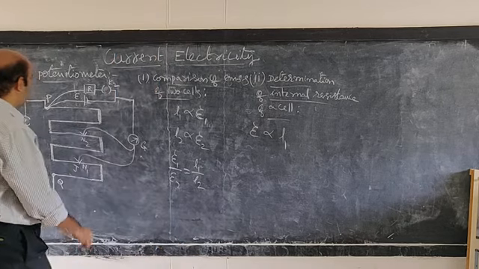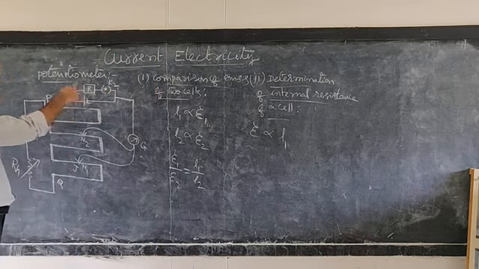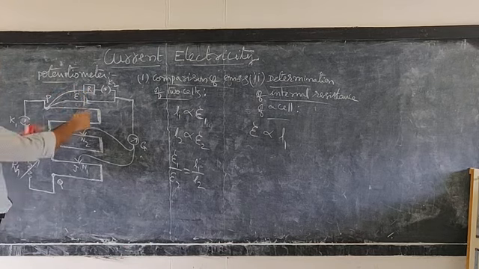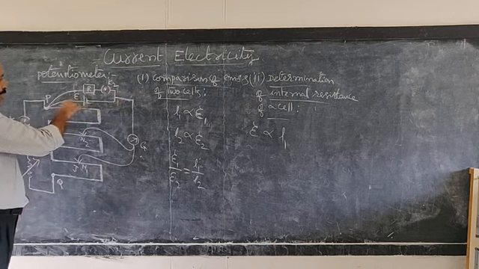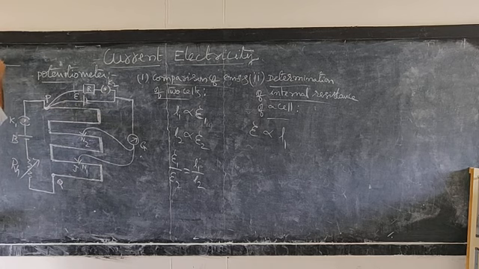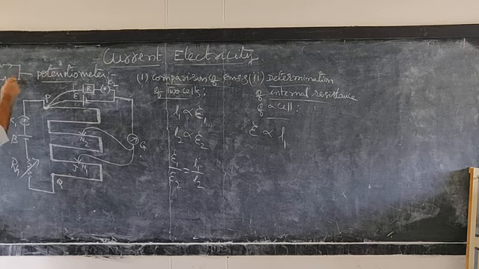Now suppose the key is introduced here, then a current will flow in the circuit and the potential difference changes, the potential difference across the resistance or across the cell. So a resistance is joined to a cell like this, and a current will flow like this.